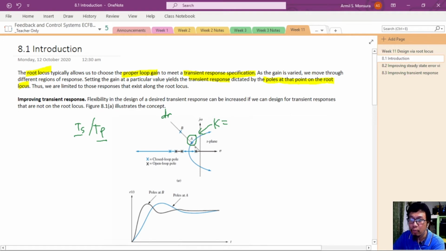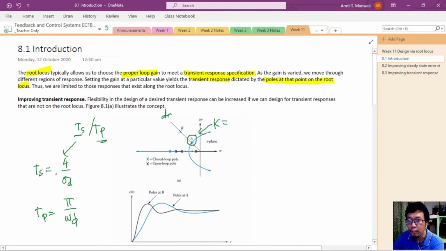Pero once na gusto niyo i-meet yung TS or TP, take note that TS is basically 4 over sigma t, or the real part of your closed loop pole, and TP is basically pi over the imaginary part of your pole.